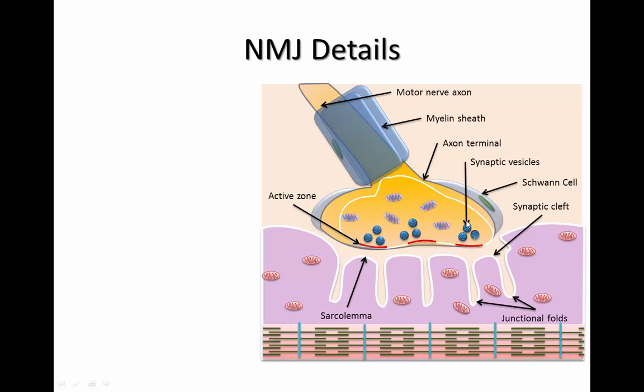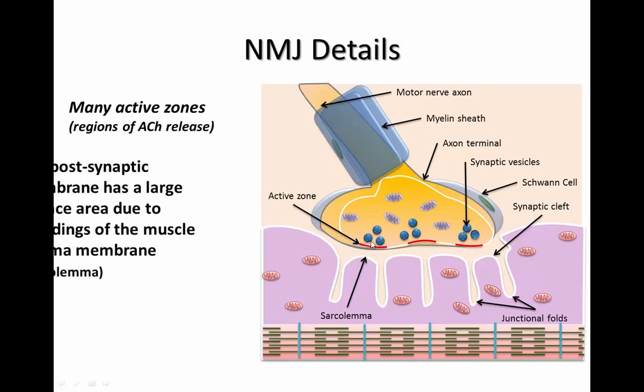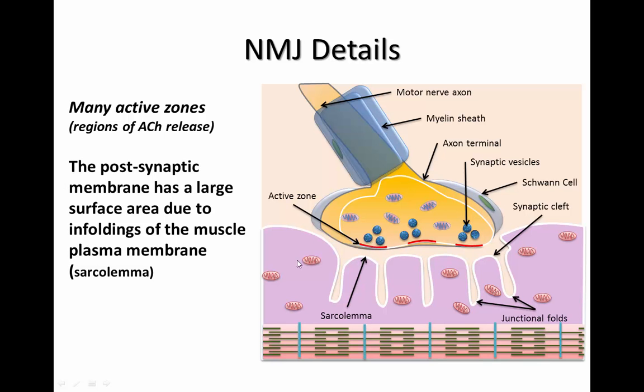This is a cartoon diagram. You have the active zones where the vesicles fuse. The postsynaptic membrane has a lot of invaginations or infoldings which increase the surface area to ensure that you get reception of the signal.